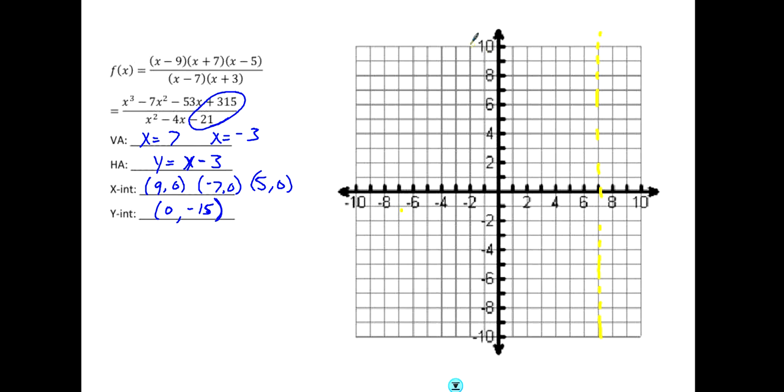And then at -3, 1, 2, 3, our slant is at -3 with a slope of 1. Then our x-intercepts are at -7, +5, and 9. Okay?